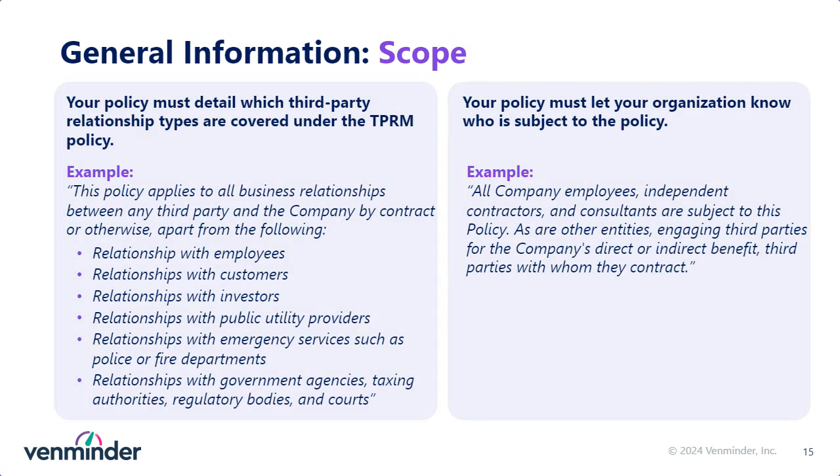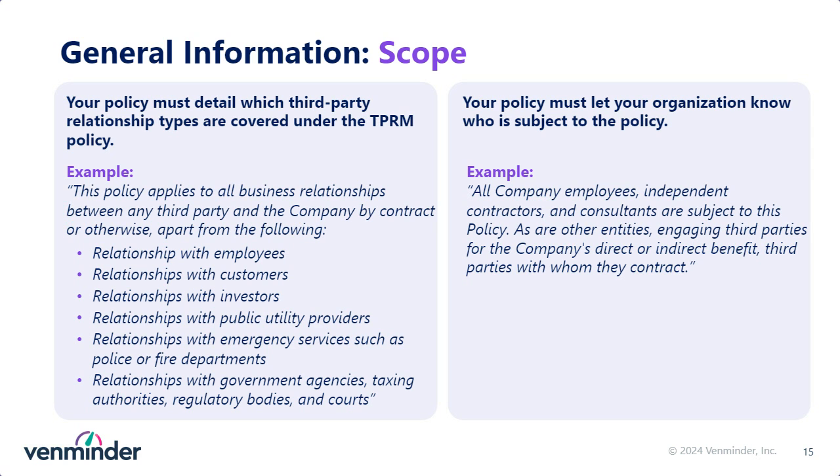It's also important to define the scope of your policy. So we need to identify the types of third party relationships that are covered under this policy. So again, back to that most restrictive regulatory guidance, that interagency guidance, they say that all business relationships except for customers are included in third-party risk management. However, as is the case in a lot of organizations, some of those relationships might be covered under other policies, such as those involving contracted employees, which would be covered under your HR policies.